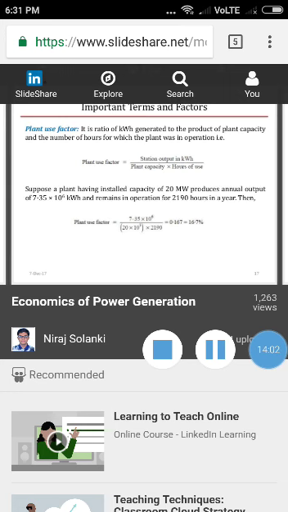Plant use factor. It is the ratio of kilowatt hour generated to the product of plant capacity and the number of hours for which the plant was in operation. That is, plant use factor is equal to station output in kilowatt hour divided by plant capacity into hours of use.